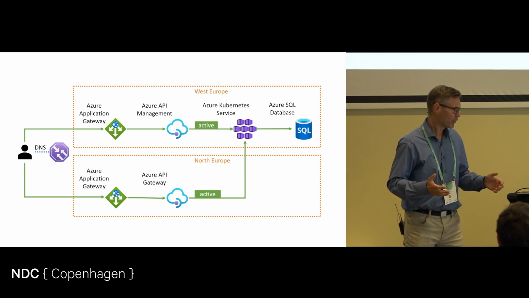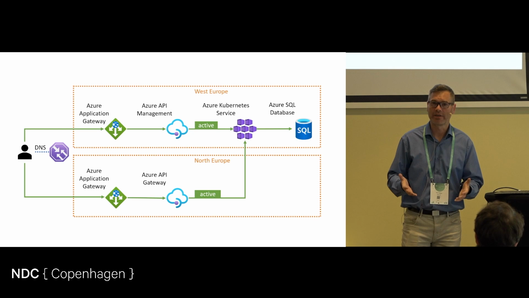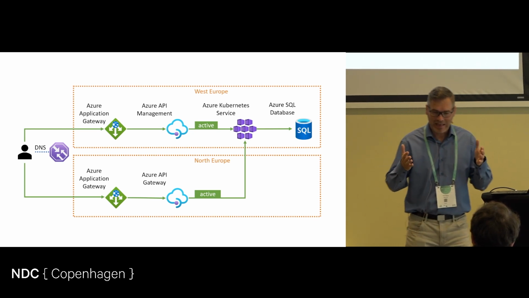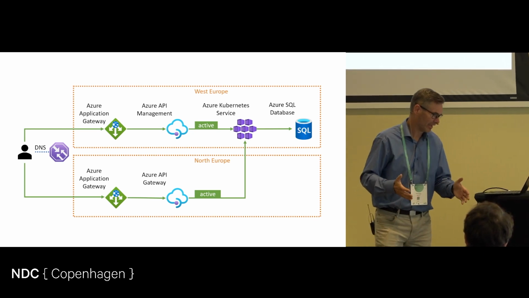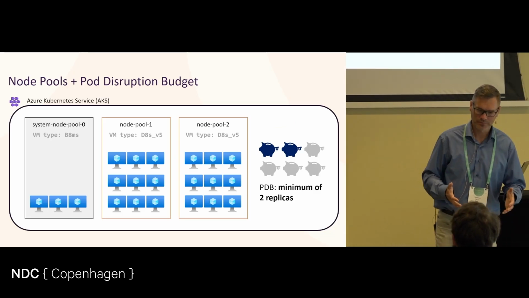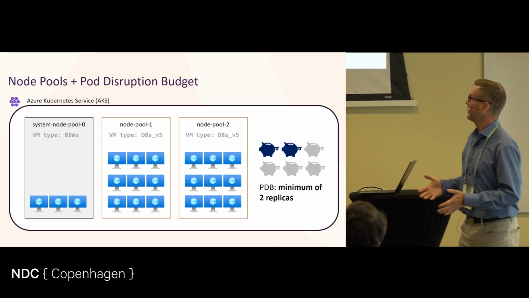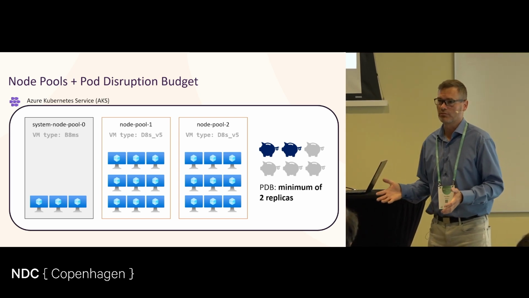But still, what is the problem with AKS at this point? How can we upgrade it? And then suddenly there came something new from Kubernetes. Yeah, we read about it. And this is the pod disruption budget.